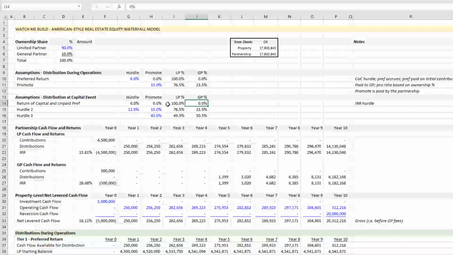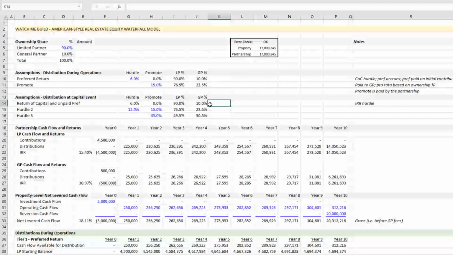And in that case, the GP most likely will negotiate a catch-up where once the LP hits 100%, or once the LP receives a return of capital and a preferred return, then the GP would receive 100% of the cash flow until it catches up to either an IRR hurdle or to a profit share amount, etc. So that wasn't included in this model either.